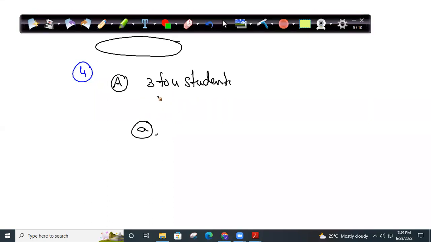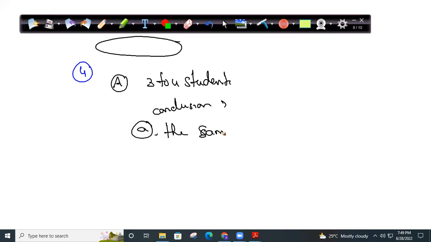When Venkat selected 3 to 4 random students from his class, and most of them said they could understand what he is teaching, which of the following conclusions can be made? Listen to my question carefully. He asked them if they are able to understand what he is teaching, and most of them said they could understand. Which of the following conclusions can be made?